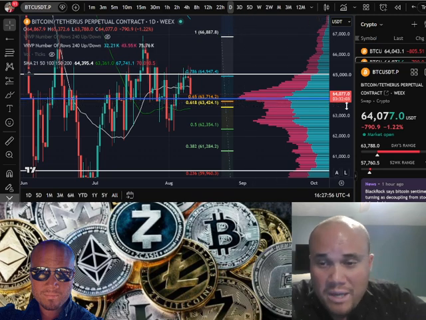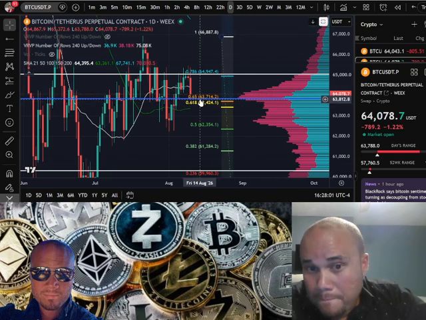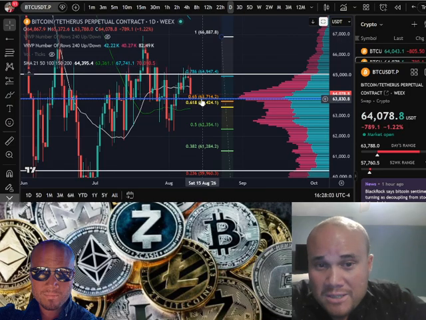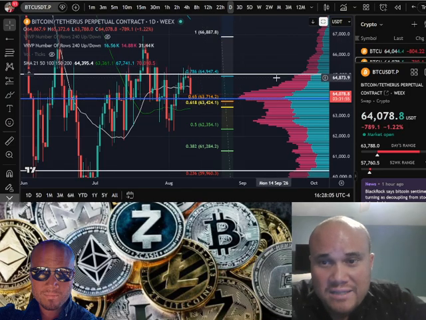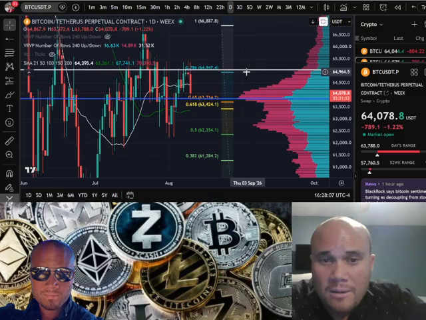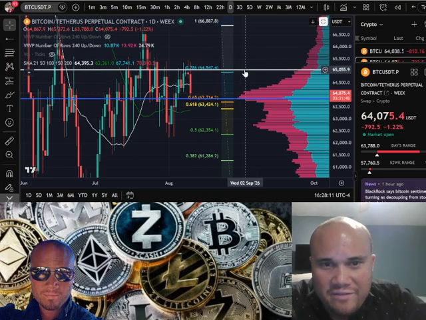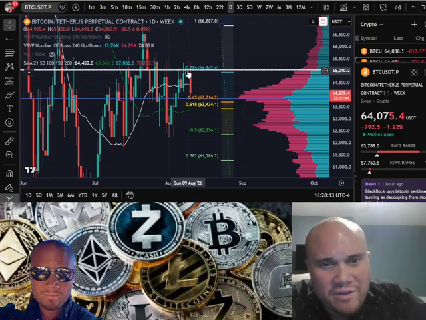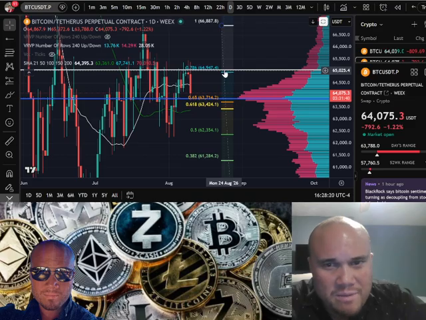And with the price being right above it, I would expect that to act as support, get a bounce, maybe come back up to higher price levels here, where we've got the value area high, this white line sitting at 65K, and we also have the 0.786 retracement, the Fibonacci also agreeing that there's a level here around 65K that we need to be paying attention to.